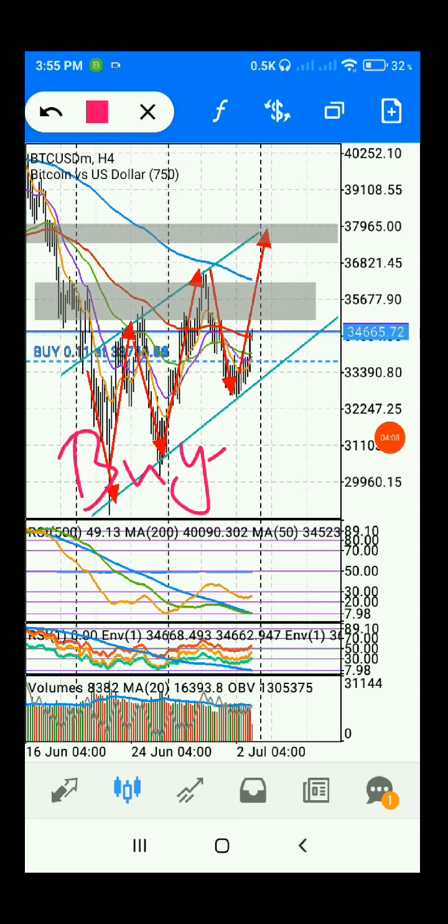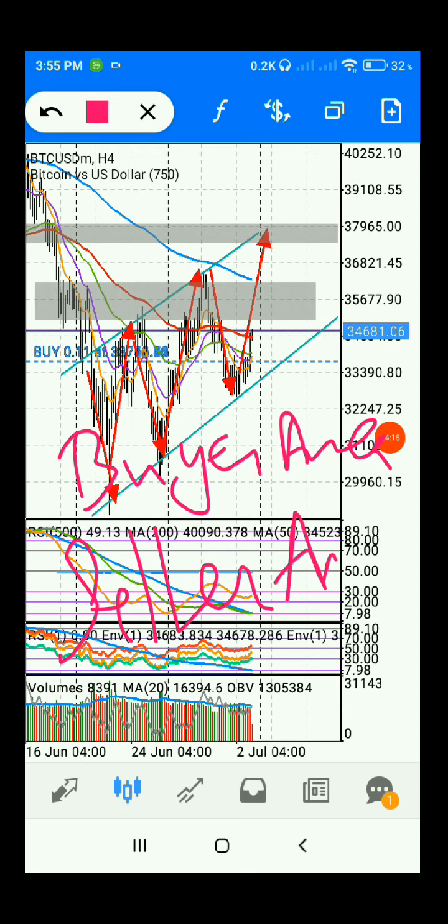So the main two things are buyer area and seller's area. What are the buyer area and seller area? If you see here, this point is a seller area, because sellers tend to sell, so the price goes down from this level.